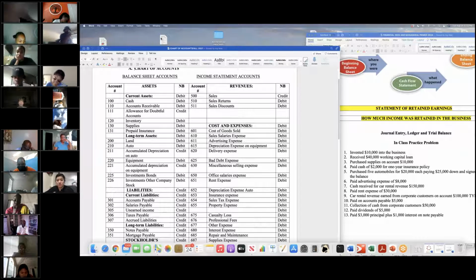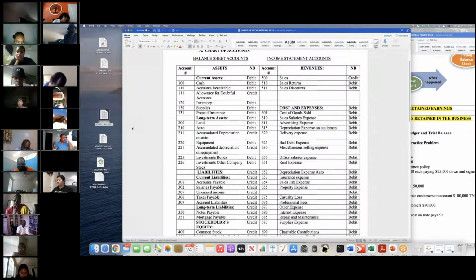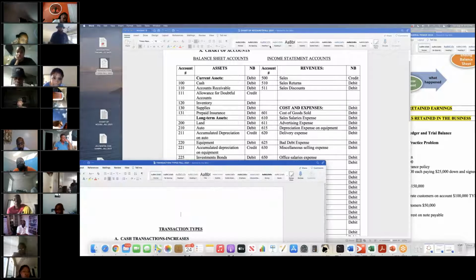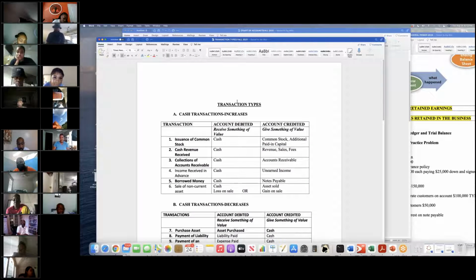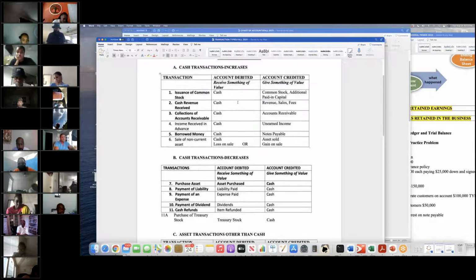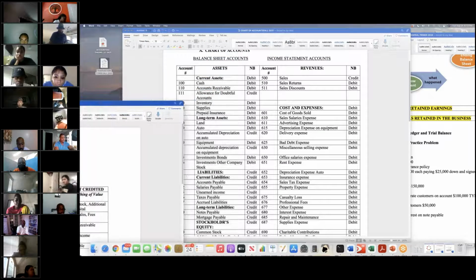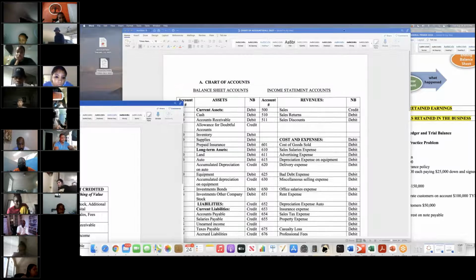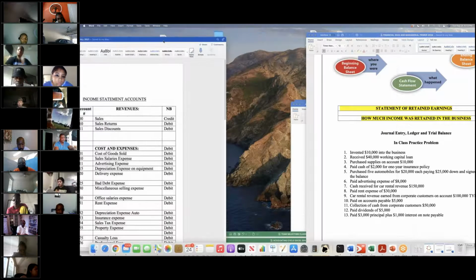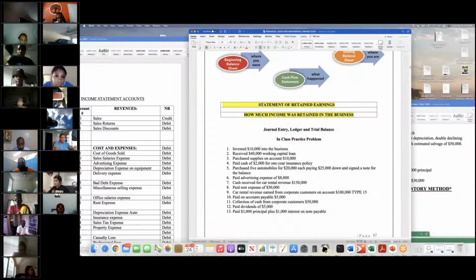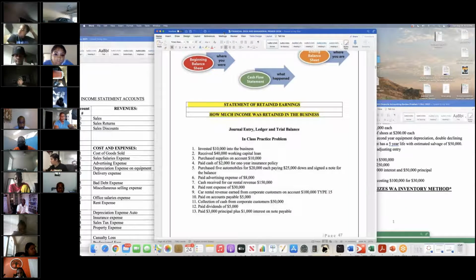So you may need to make hard copies of these 2 documents, transaction types and this chart of accounts. And then we'll go through quickly and do these 13 journal entries.